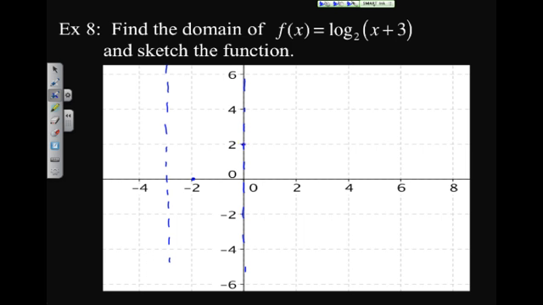This will be here and here. And again, our graph is going to come through and look like this. And so what is the domain? The domain is, in this case, that x has to be greater than -3. So from negative 3 to infinity, and we can sketch that function there.